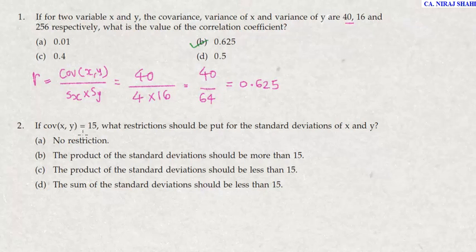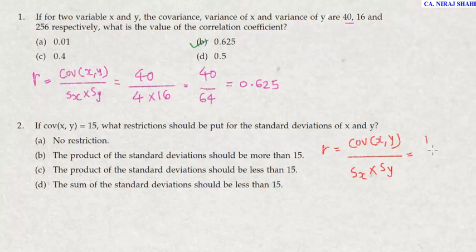If covariance of xy is equal to 15, what restriction should be put for the standard deviation of x and y? The formula of correlation is covariance of xy divided by standard deviation of x, that is sx, into standard deviation of y.